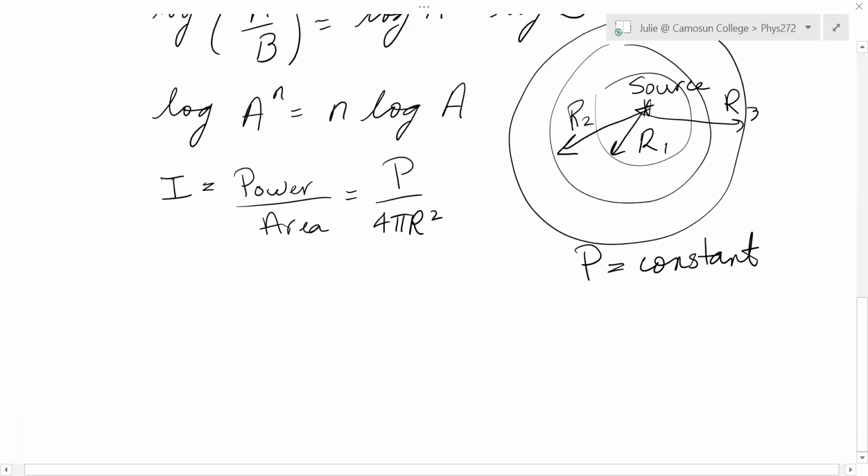Okay, so let's do a couple of examples of how we're going to use that. So example 1, and these will be exactly like the problems you encounter in your assignment.